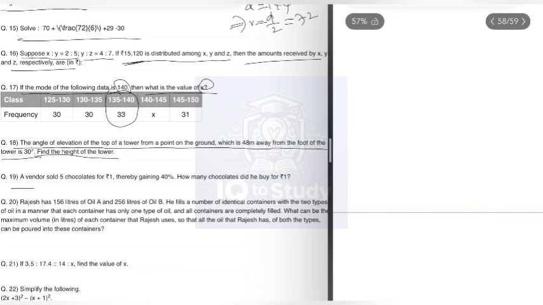A vendor sold 5 chocolates for 1 rupee, thereby gaining 40%. How many chocolates did he buy for 1 rupee?